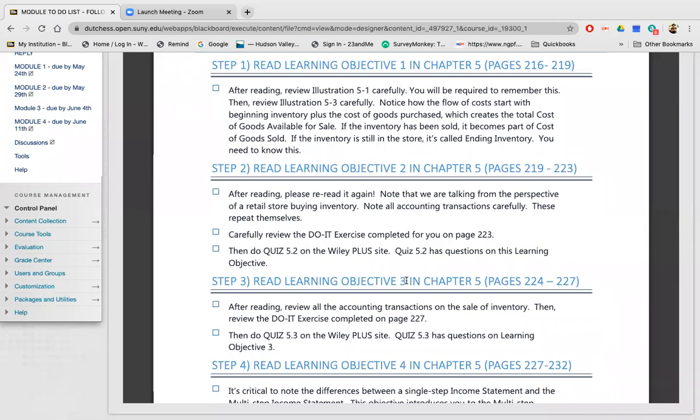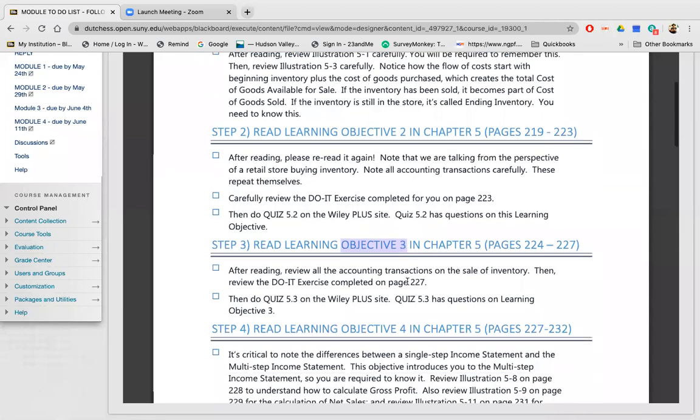And so Learning Objective 2 and Learning Objective 3 in this chapter focus on that business-to-business transaction. Same transaction, but Objective 2 looks at it from the buyer's perspective. Objective 3 looks at it from the seller's perspective. And so you're going to look at the exact same transaction from two different perspectives.